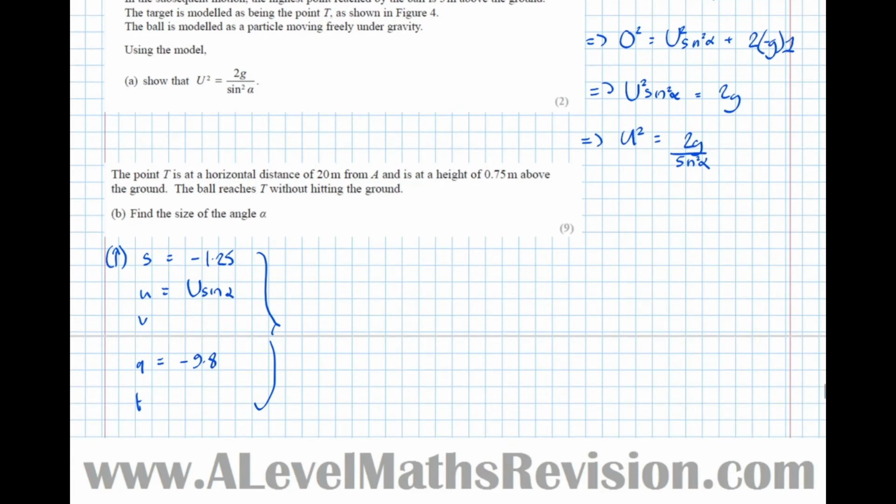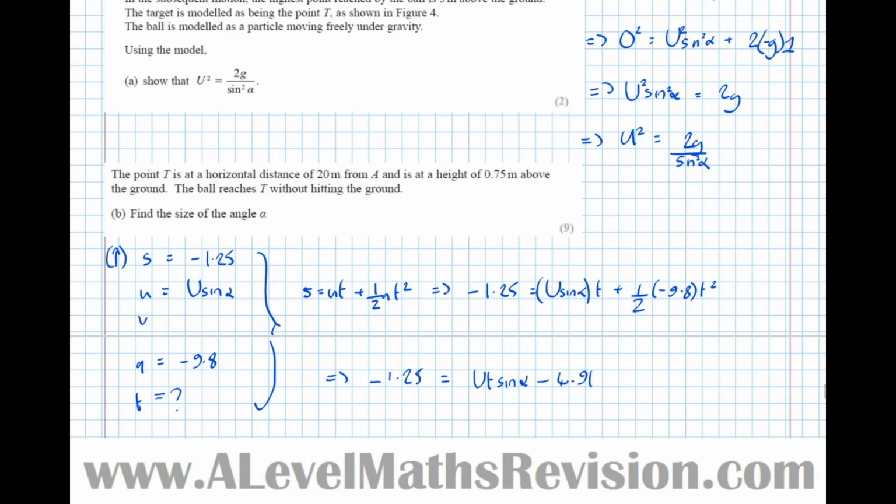So we've got S, U and A. And let's try and relate them to T. So we've got S equals ut plus a half at squared, which means that minus 1.25 equals u sine alpha t plus a half a t squared, which means that minus 1.25 equals, and let's just reorder these terms a little bit, ut sine alpha plus, and a half of minus 9.8 is minus 4.9, minus 4.9 t squared.